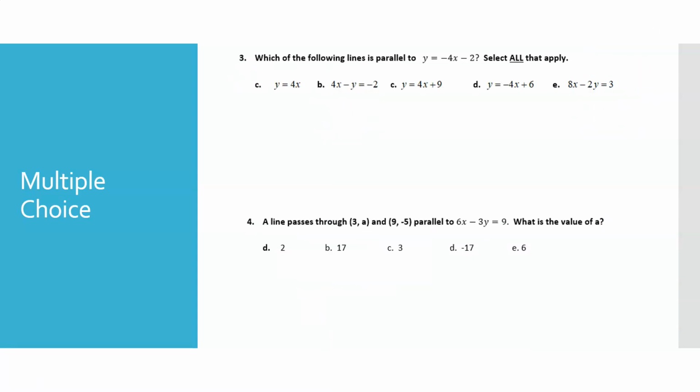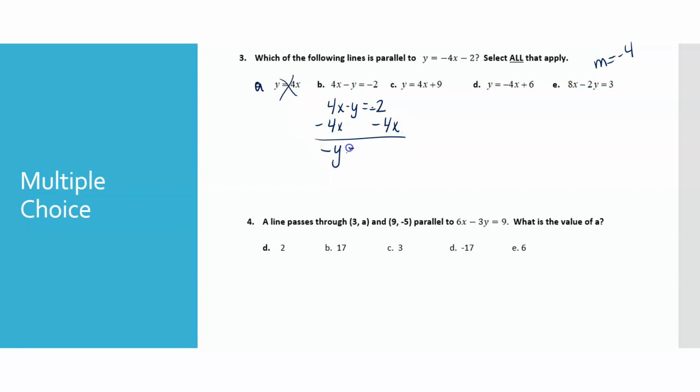Number 3, which of the following lines is parallel to y equals negative 4x minus 2? So we're looking for a slope of negative 4. So it's not that, and this should be A. This choice should be A. The choices are funky. All right, so if we move this one around to be in slope-intercept form, I'm going to subtract 4x from both sides.